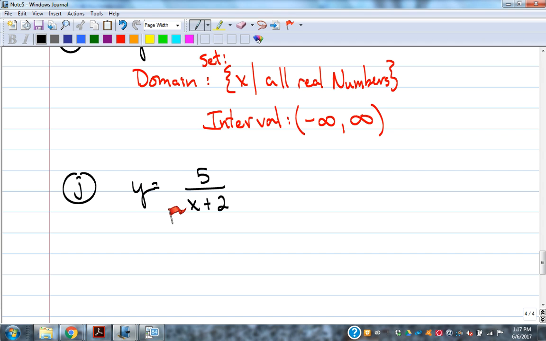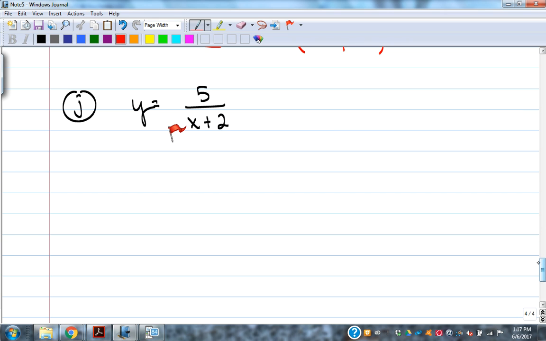Anybody remember? The bottom of a fraction can never be 0. Dividing by 0 is not a defined operation in math. So that denominator having the X in it, depending on what X is, it could turn into 0. The bottom part of that fraction could.